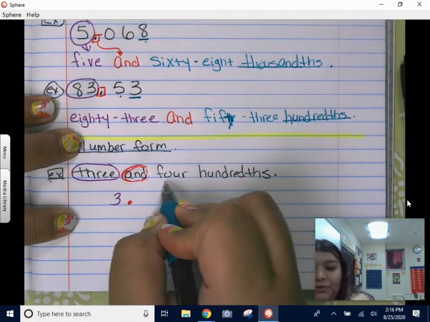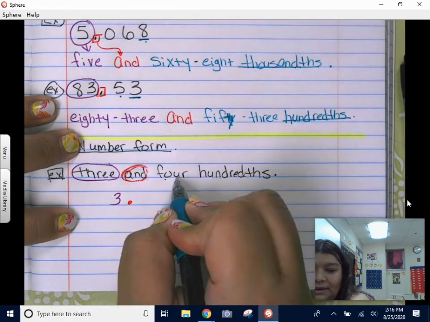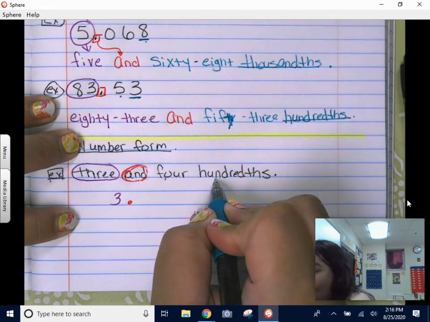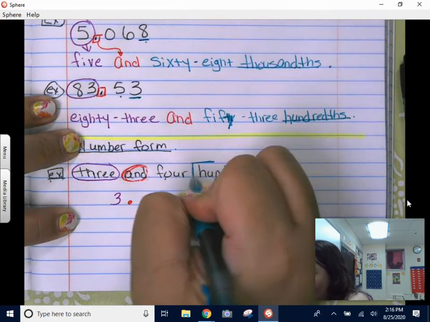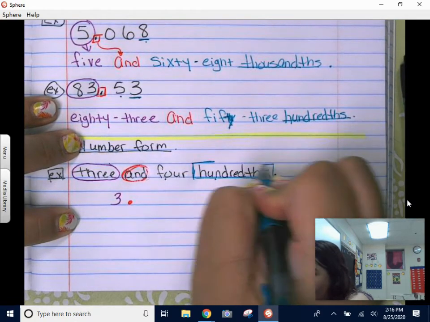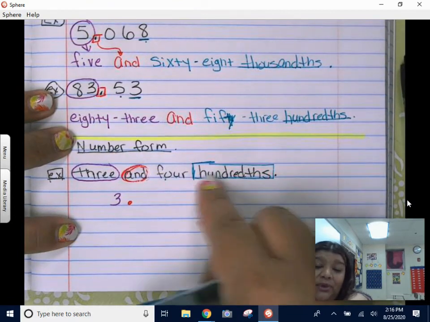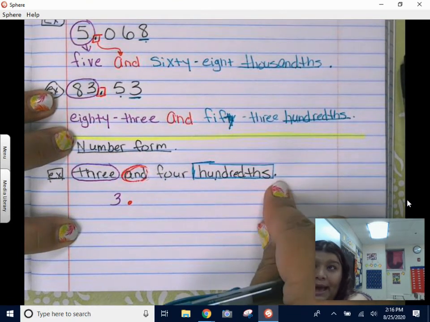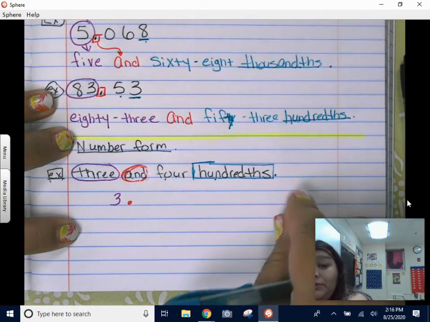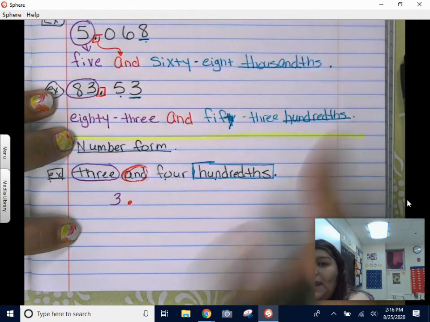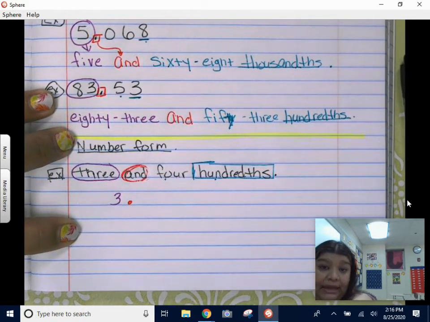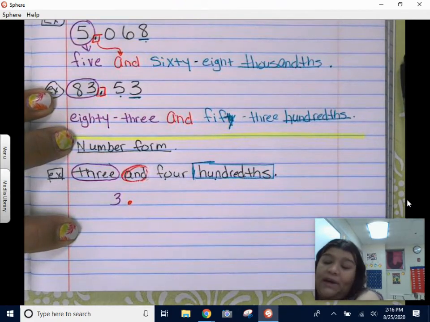Okay, now before I look at the number associated right here, this is 4 hundredths. Okay, I need to figure out the place value. So this is my important information right here, okay? Hundredths. I need to remember how many digits the hundredths is after the decimal, okay? So I like to just say it out loud.